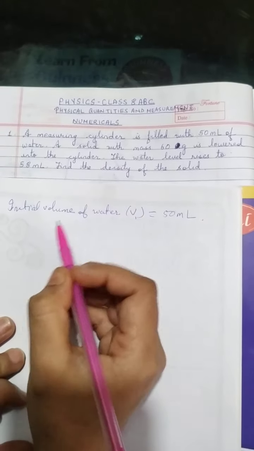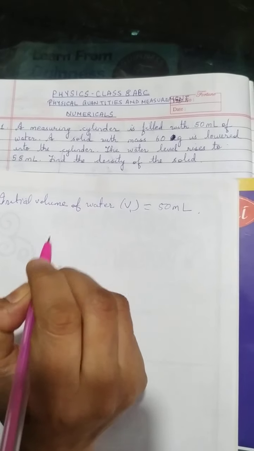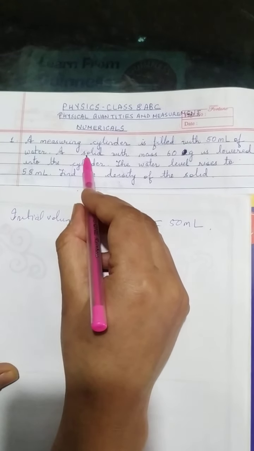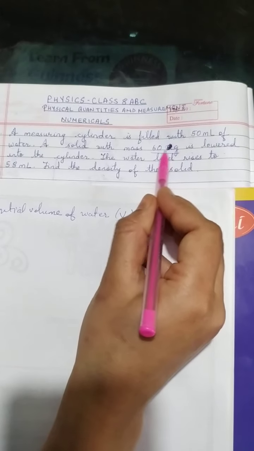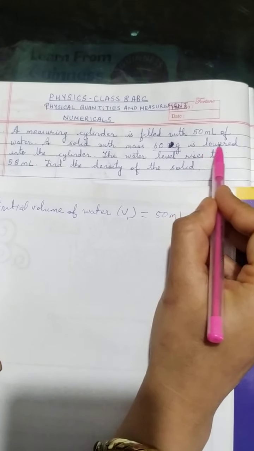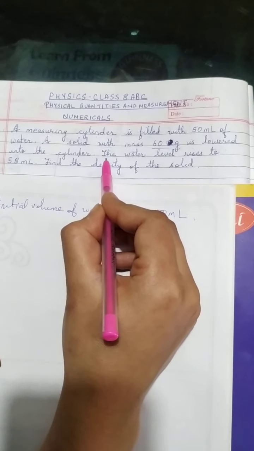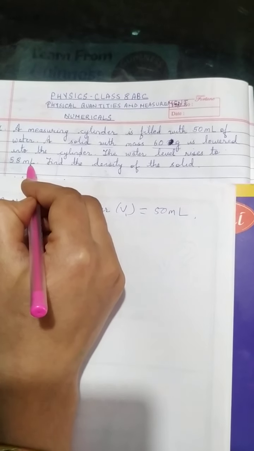Now you will put a solid, and you know what happens after you put a solid in a liquid? The level of liquid will rise up. The mass of the solid that you're putting into the liquid is 60 gram. Just keep it aside for now. You will lower it into the cylinder. Now what happens when you put the solid into the cylinder? The water level rises to 58 milliliter.